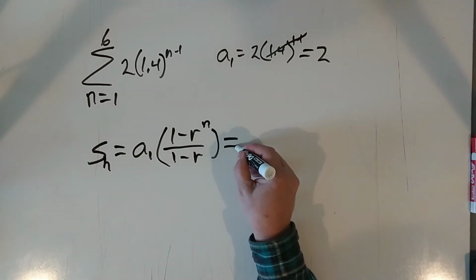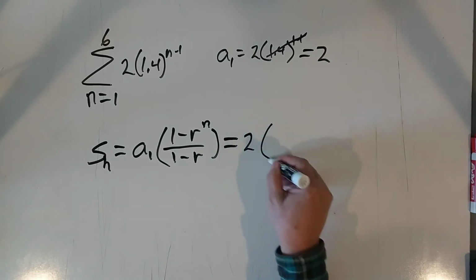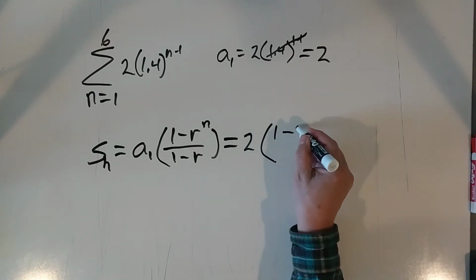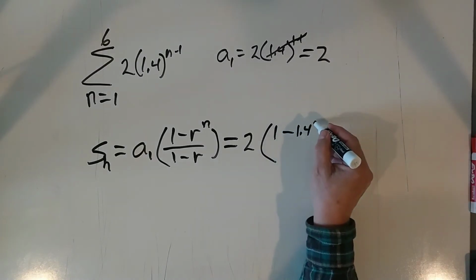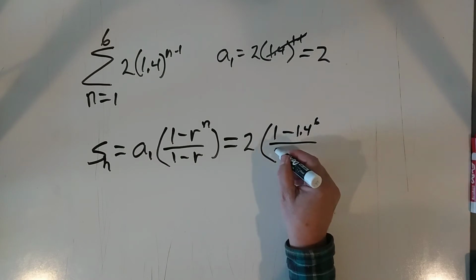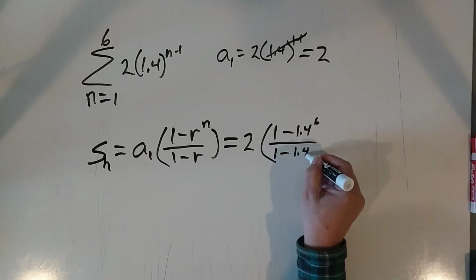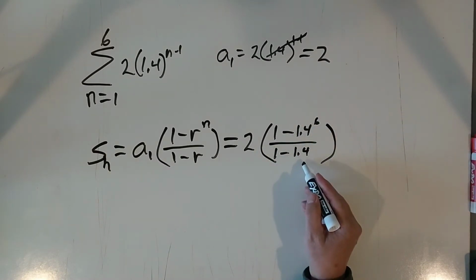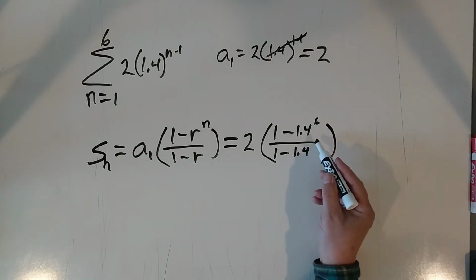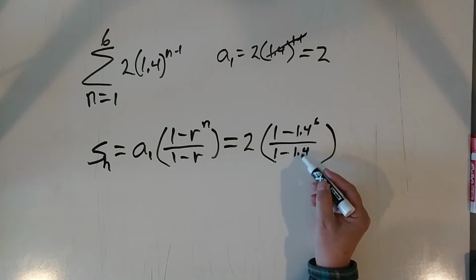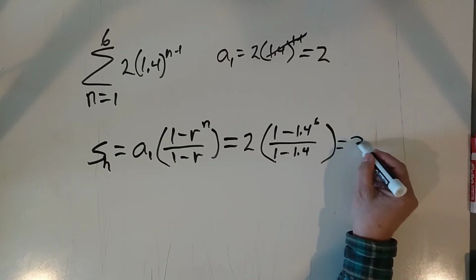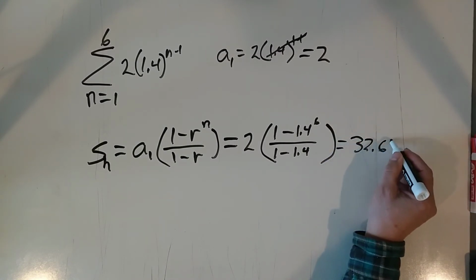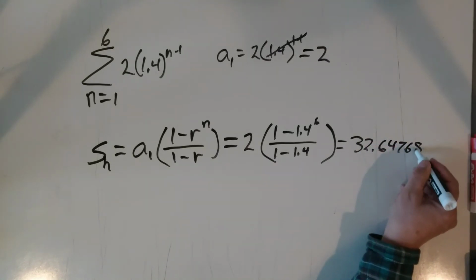This means I'm going to have 2 times 1 minus 1.4 to the 6th power, divided by 1 minus 1.4. Since these involve decimals and higher powers of decimals, I simply use the calculator to calculate this, and it comes out to 32.64768.